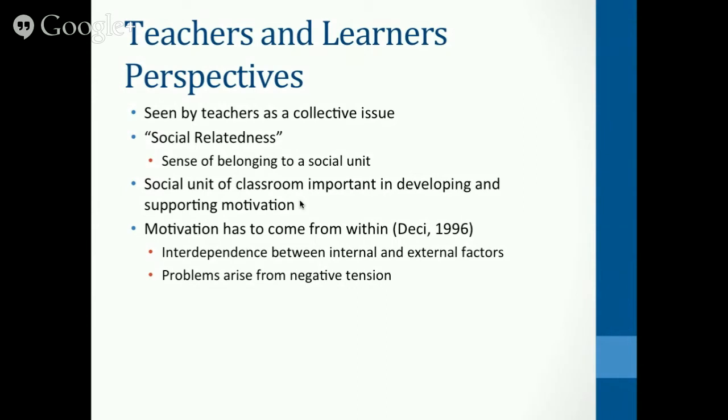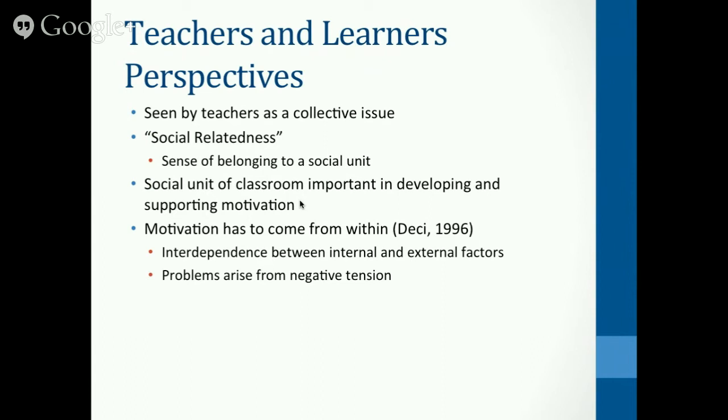Okay, and then if we look at motivation as seen by teachers and learners, and motivation and autonomy, we see that teachers actually view this as a collective issue. They view motivation as a class-related issue: either the whole class should be motivated, or the whole class is not motivated.